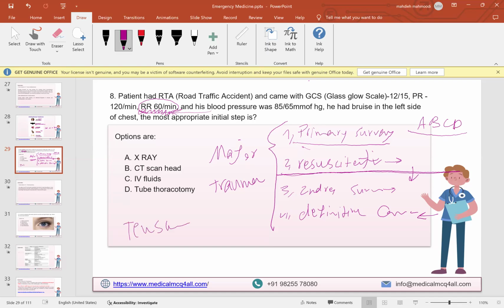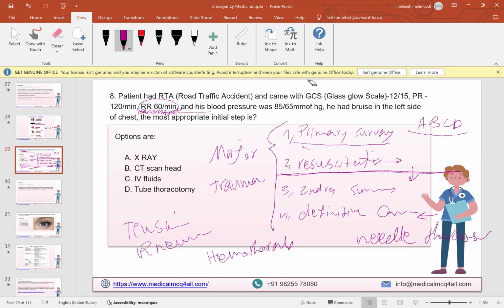Most probably your patient has tension pneumothorax or hemothorax, or maybe a combination. So you have to do thoracostomy. You can first do a needle thoracostomy and then go for tube thoracostomy, or you can go directly for tube thoracostomy if you are expert.